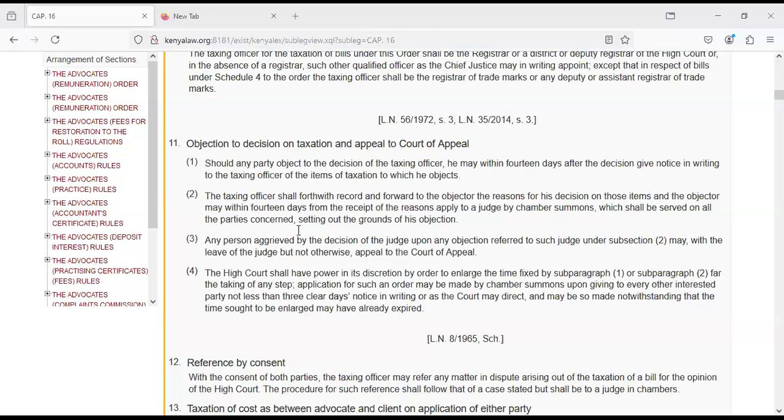This kind of question has never been tested, but it's related to question 3 of October 2023. But in that question, there was seeking of leave. The drafting that was needed there is a miscellaneous reference chamber summons to seek leave to challenge the decision of the taxing master because the time had elapsed, the 14 days.